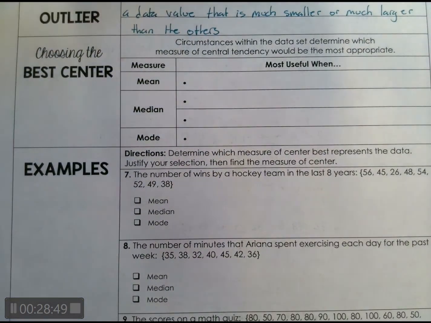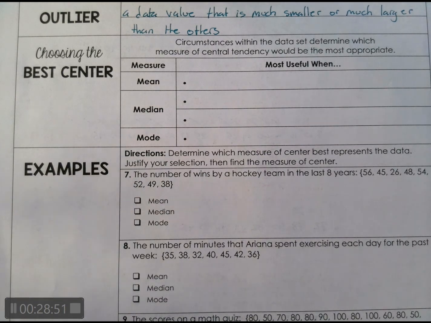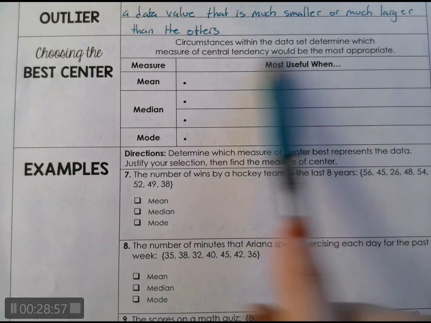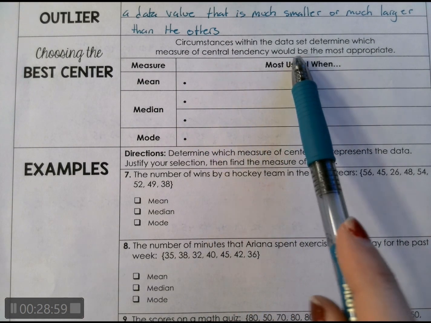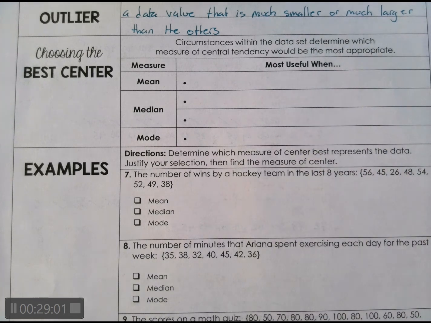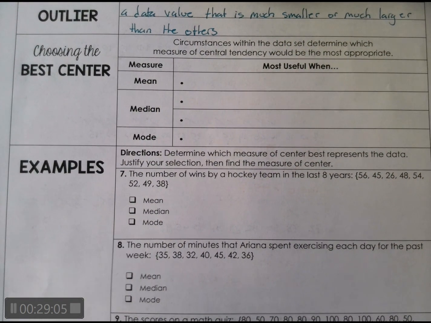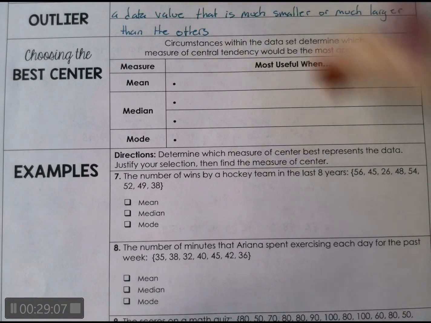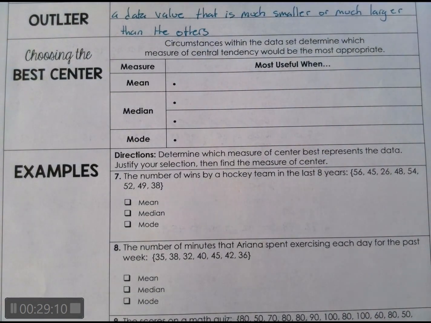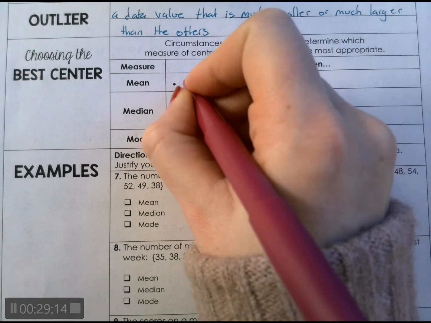Okay. But to choose our best center, circumstances within the data set determine which measure of central tendency would be the most appropriate. So this is saying when you should use the mean to represent your data, okay? You should use your mean to represent your data when there are no outliers.